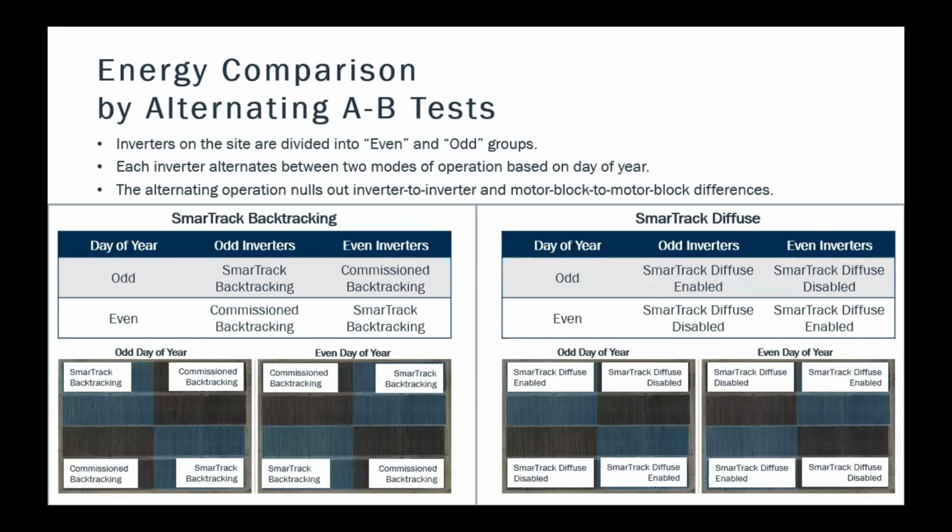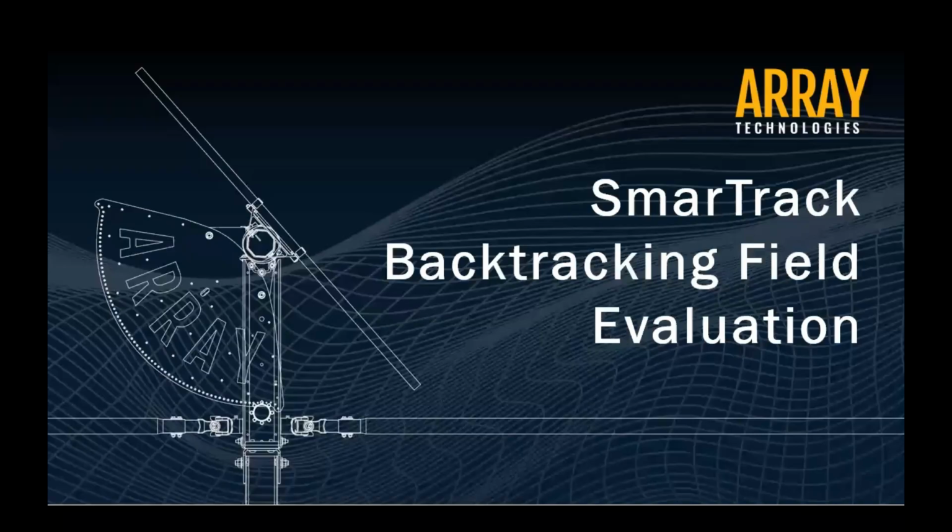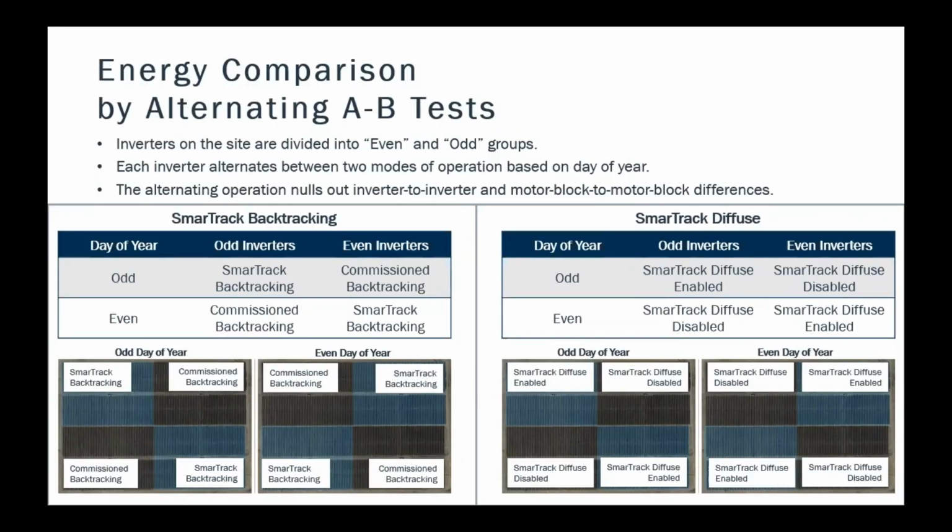Each inverter alternates between two modes of operation based on the day of the year. So for example, on odd days of the year, odd inverters operate with SmarTrack backtracking, while even inverters operate with commission backtracking. On even days of the year, the two groups switch. So odd inverters operate with commission backtracking, and even inverters operate with SmarTrack backtracking.